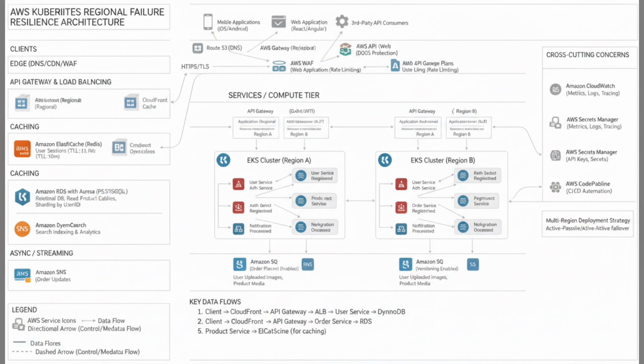Amazon DynamoDB is used for document storage of our product catalog, supplemented by OpenSearch for search capabilities. Asynchronous communication is managed using Amazon SQS for event handling and Amazon SNS for notifications. For storage, Amazon S3 holds user-uploaded media, with versioning enabled. Cross-cutting concerns like observability are addressed through Amazon CloudWatch, while AWS Secrets Manager secures sensitive credentials.